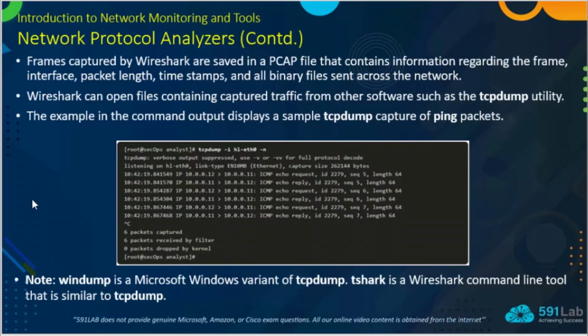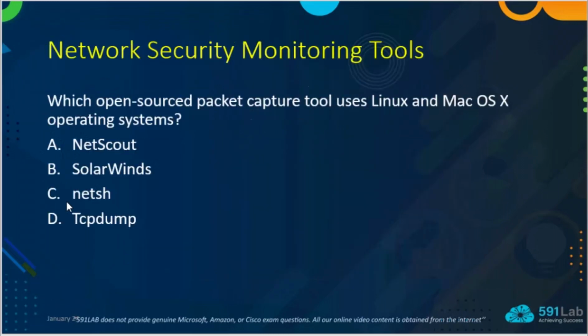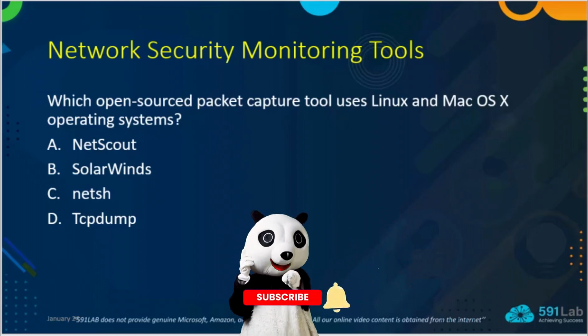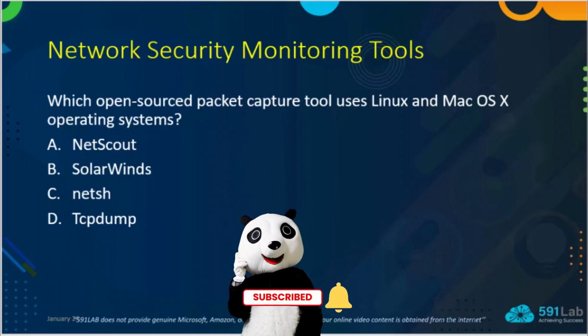Now, let's go back to our question. Which open source packet capture tool is used on Linux and macOS? Let's quickly log back into our Linux so that we can find out one or two things.